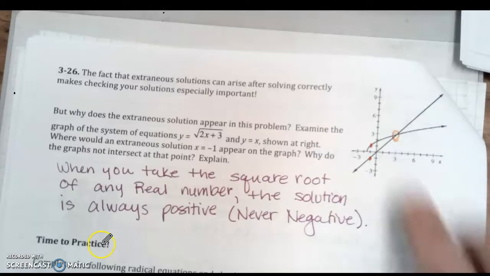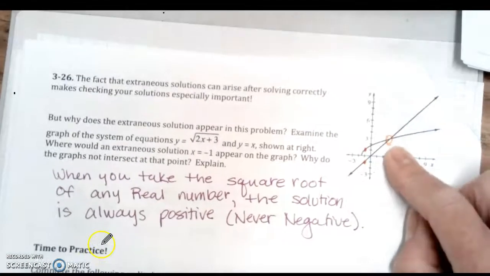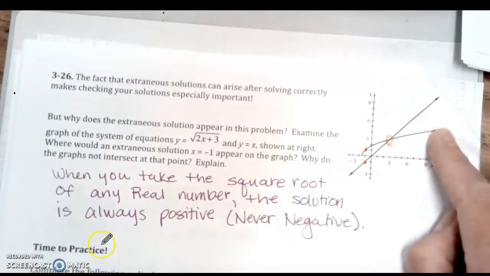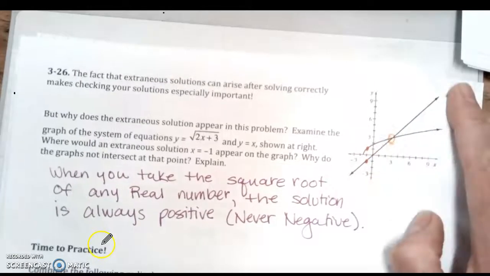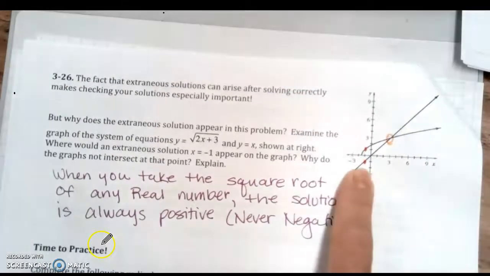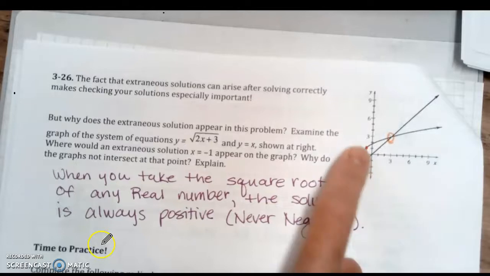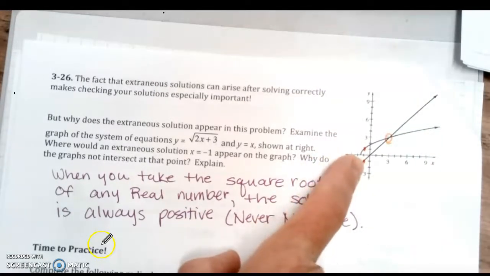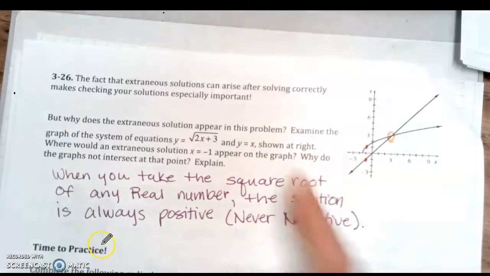Okay? So this is basically what you have in your Desmos graphing calculator, right? You've got the square root one here, you've got the linear one here. You see that they intersect, but right here at -1, we've got a point up at +1 and a point that looks like a little lower than -1.